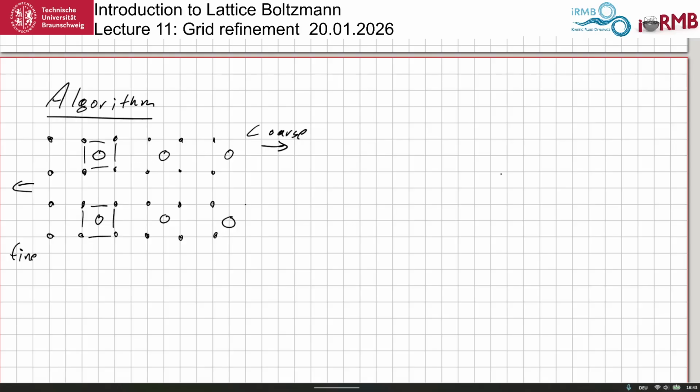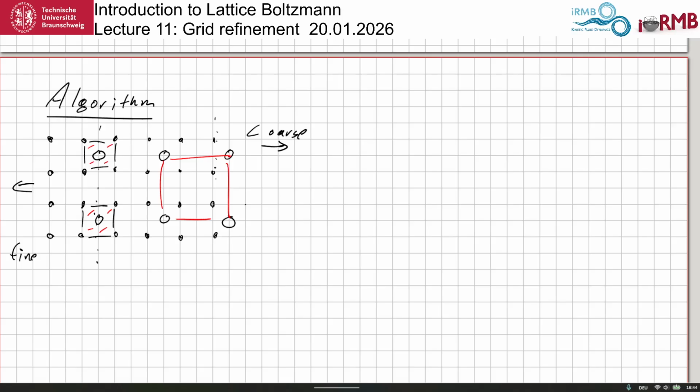So there are no more, so this is the last row that we have on the coarse, and this here is the last that we have on the fine. And now we have these cells, like this here is one cell, and these here are cells.